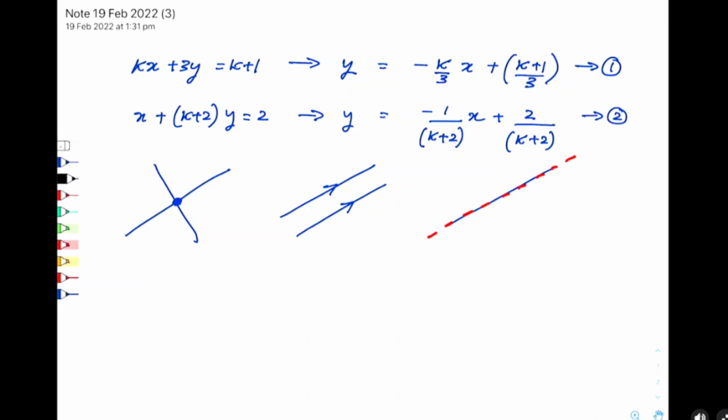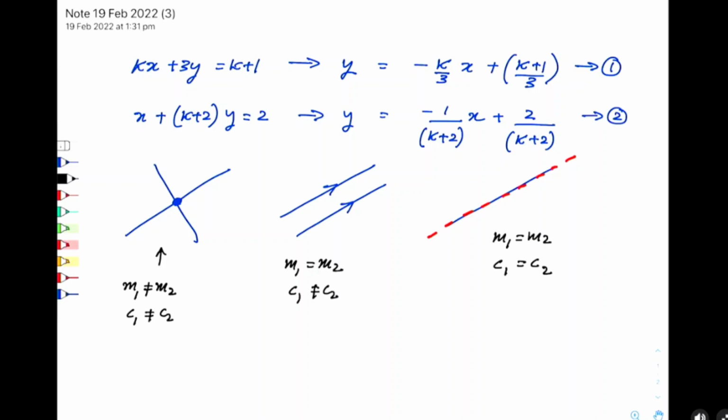So here gradients are not equal, intercepts are not equal. Here gradients are equal, intercepts are not equal. Here gradients are equal, intercepts are also equal.